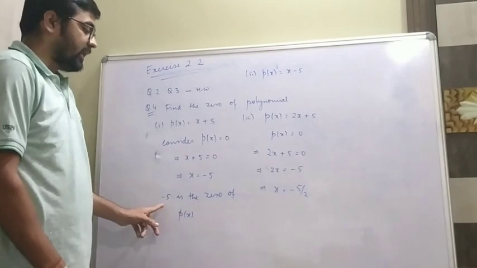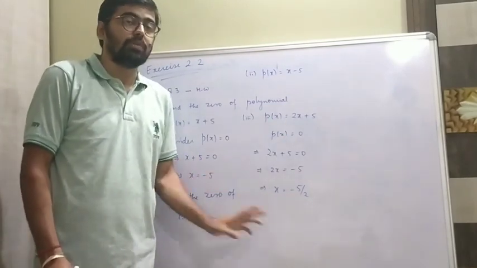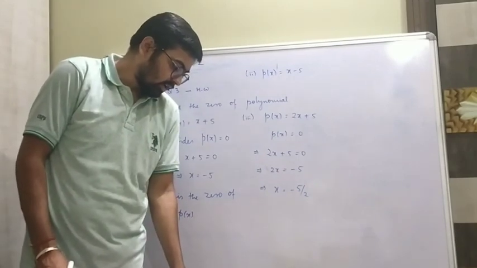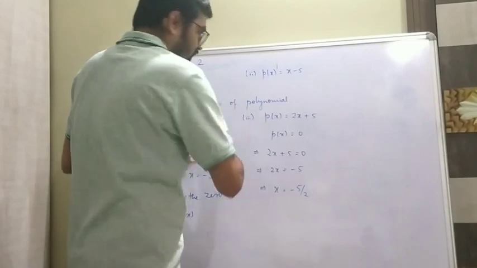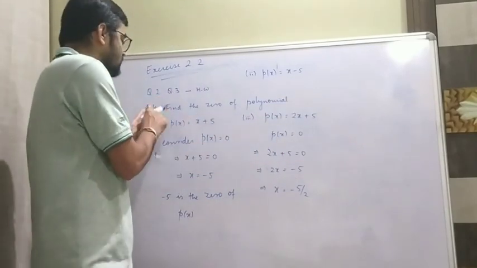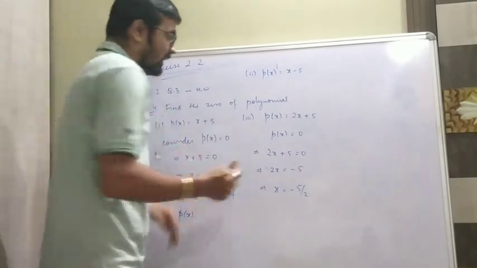Simple. So again you can write like this, minus 5 by 2 is the zero of the polynomial p of x. Am I clear? I don't think anybody is having any kind of doubt. I am solving a few problems over here. Whatever remaining problems are left from question number 4 in the exercise, that is your homework. As simple as that. Correct?